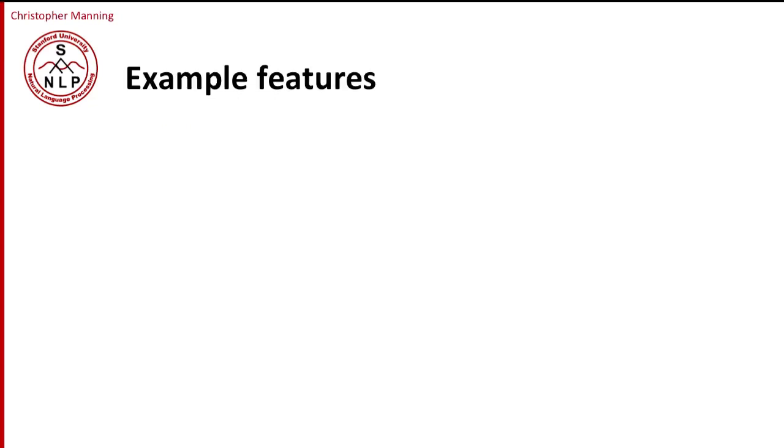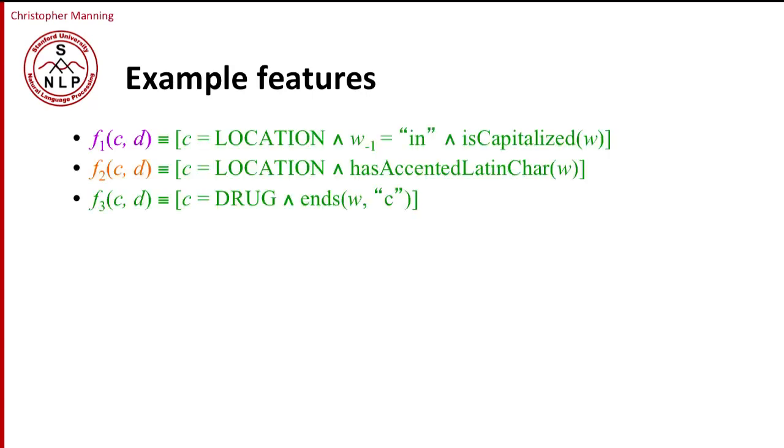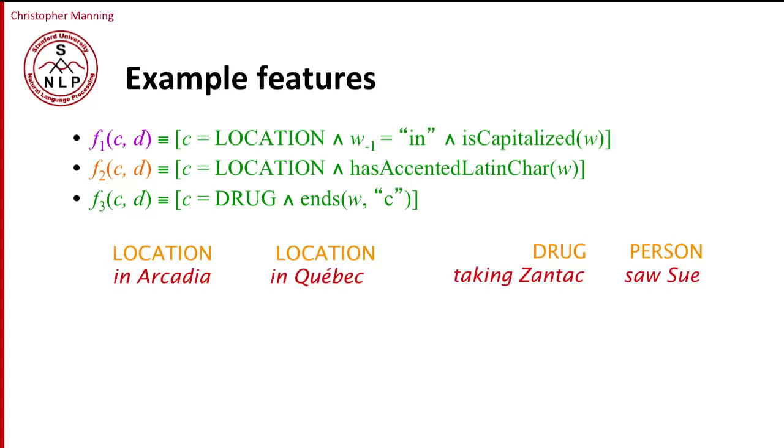So here then are a couple of examples of the kind of features that we have. Let's look at these features with respect to some particular pieces of data. The first feature, the purple feature, is saying that the class is location. In these example pieces of data, I'm assuming that I'm looking at the last word in the sequence, and the class above it is being shown in orange.